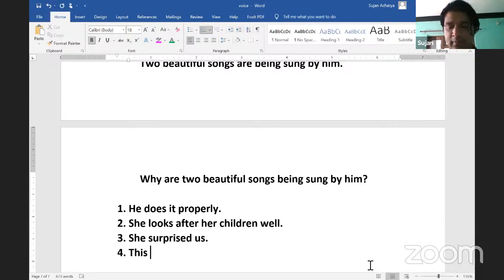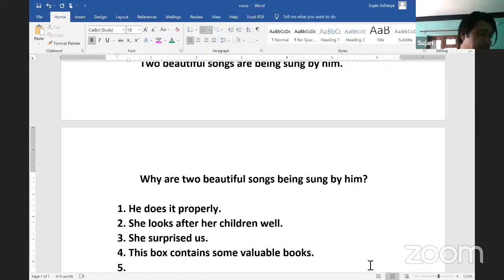Some of you in my section may have already done this, so do it again. This box contains some valuable books. Next, your ignorance shocked me.